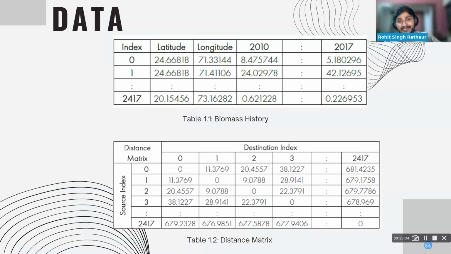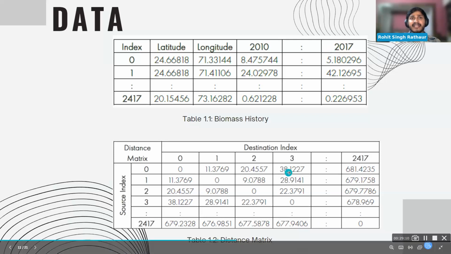In that residual heat map, they had given the arable land as a map of 2,418 equisized grid blocks known as harvesting sites. For ease of use, they had flattened the map and provided a location index, also latitude and longitude, and then year-wise biomass from 2010 to 2017.